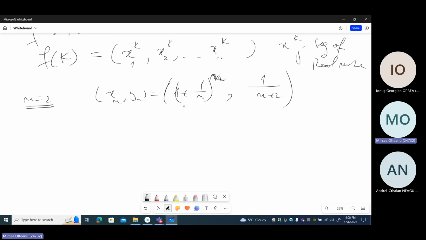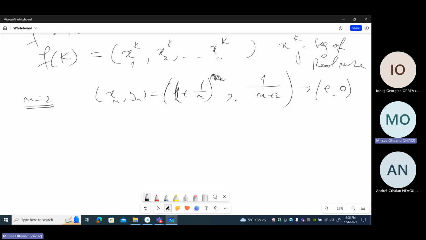If somebody, for example, asks you, what do you think is the limit of this sequence? What would be your answer? The point (e, 0), maybe.